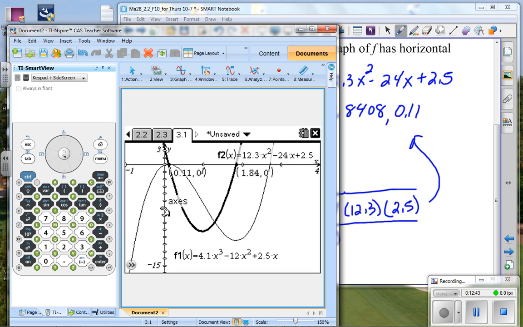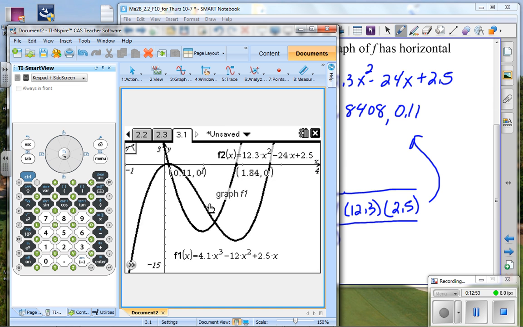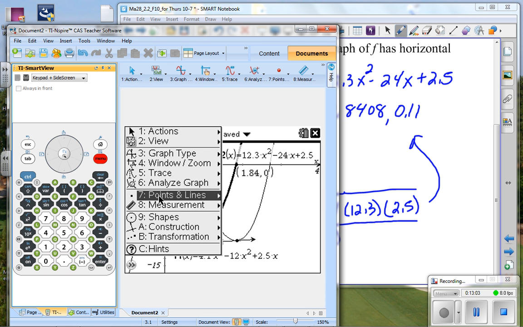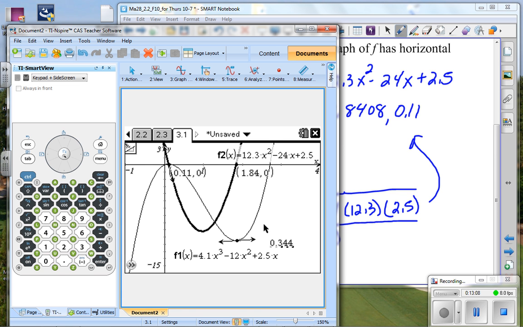Now, let's look and see, on the original function, what do those correspond to? Well, if we were to take a tangent to that point right there, and find a tangent down here equivalent, we would want to know where the tangent line has a slope of 0.